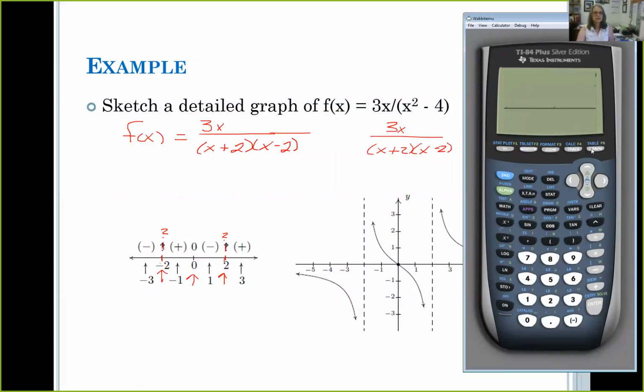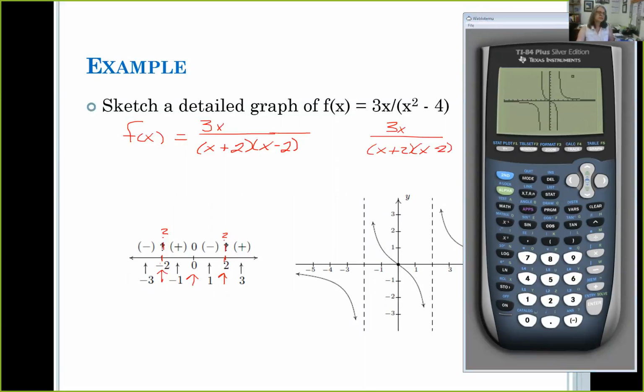And if we graph this, let's zoom to a standard window. What you're going to see are gaps, but you're not going to see easily your vertical asymptotes. So you need to know how to find these vertical asymptotes.